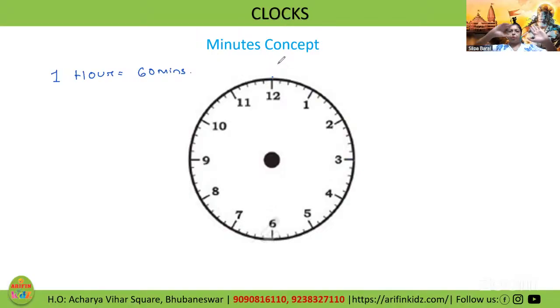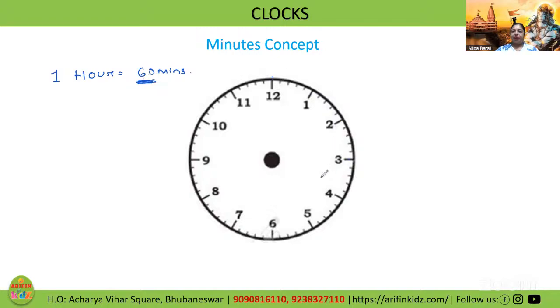You must have seen a clock, that no hand stays constant at one place, beta. According to the time, the hand has to move beta. The long hand, the minute hand has to move. So the minute hand will complete one rotation. How much time will the minute hand take? The minute hand will take 60 minutes, that is 1 hour, right?